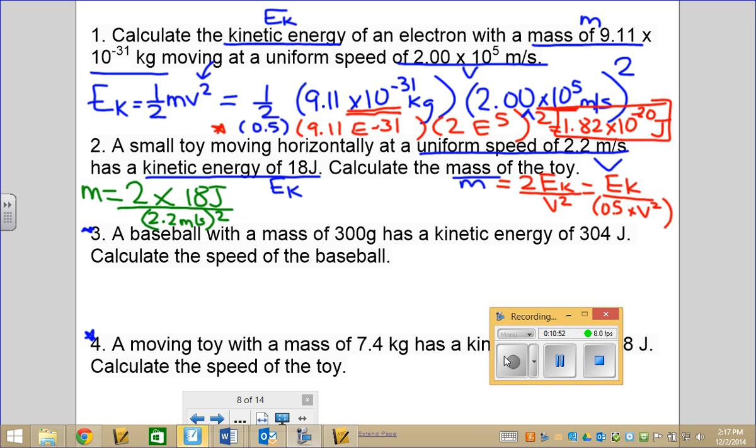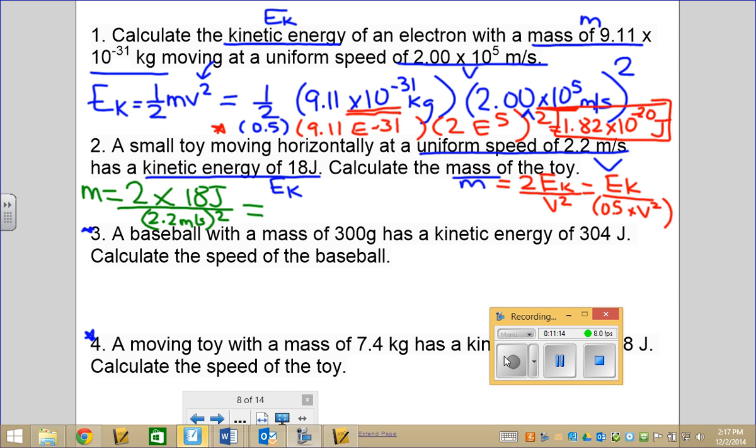Now you'll notice I put brackets around it even though there's only one number and even though there's not already an exponent, and it's because I don't want to forget the power of 2. Meters per second squared is a unit, and sometimes if I don't make the 2 very apparent, we forget it.